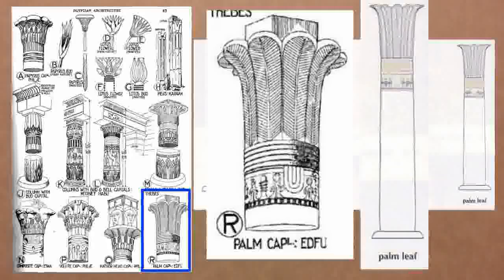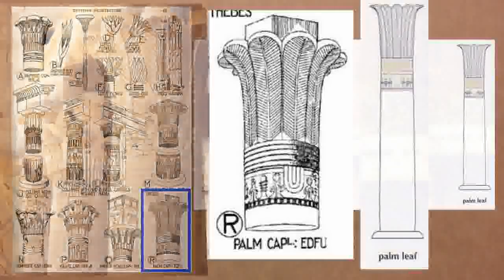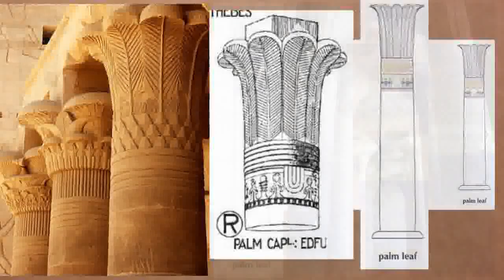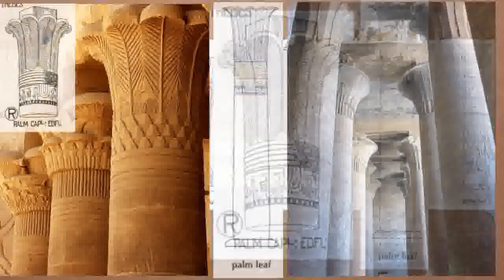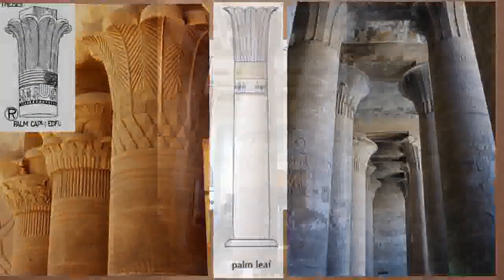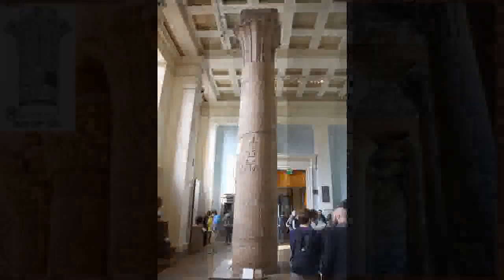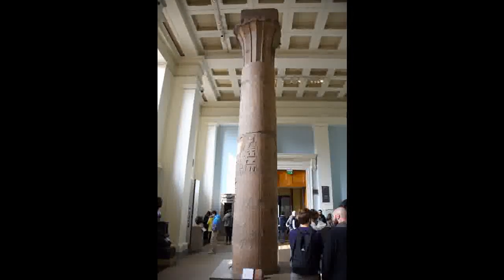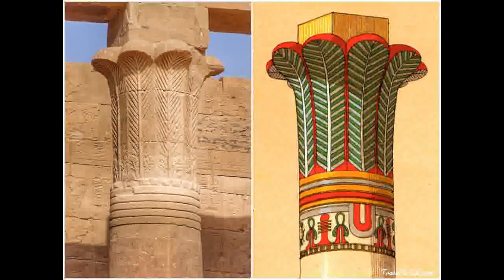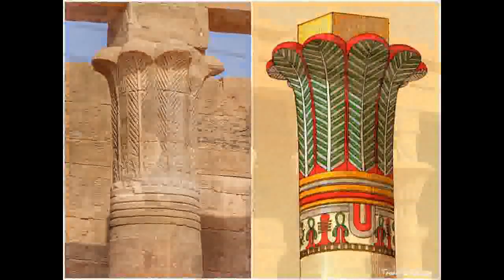Also, I would suspect that there is partly an element of these palm leaf column capitals being a stylistic influence in regards to the Tower of the Winds, although palm leaf capitals always have a curvy top, whereas those Tower of the Winds capitals have a point. They are lotus, but there is, I think, a bit of influence in there as well.